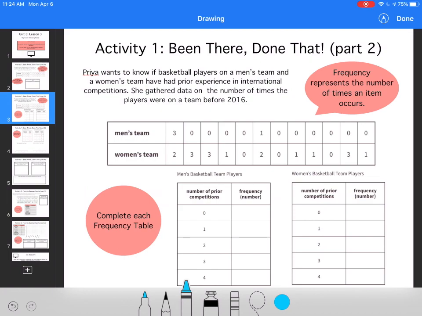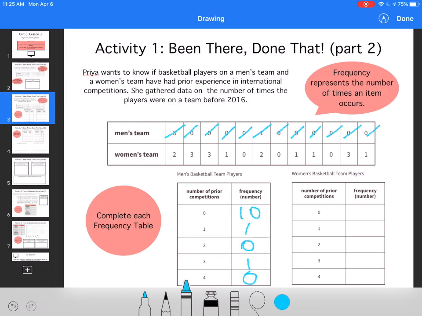So then it says create a frequency table of each. So it's the number of times something occurs. So I'm looking at the men's team and I see 1, 2, 3, 4, 5, 6, 7, 8, 9, 10. So there were 10 zeros. There were 1 one, no 2s, 1 three, and no 4s.